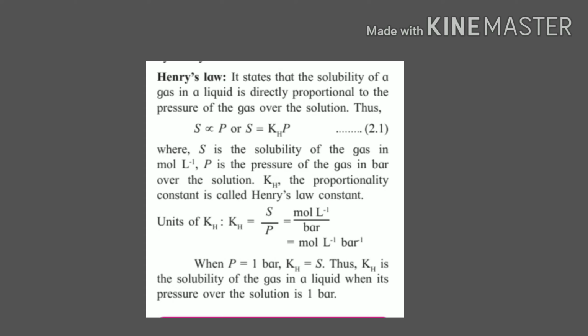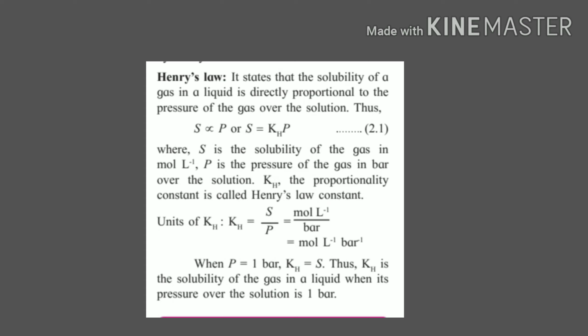Then you mention their units: solubility is mol L^-1 and pressure is bar. So you can write the units as mol L^-1 bar^-1. Why does bar become inverse? Because it is from the denominator, it goes to the numerator.